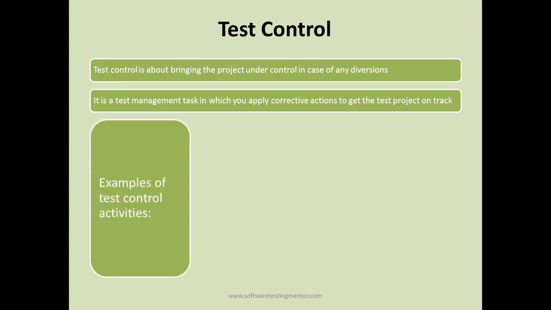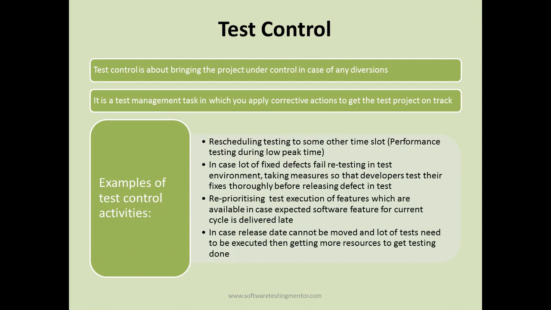Now, examples of test control activities. For example, there is an e-commerce website which, when initially launched, had a set of performance tests executed every night because there was no traffic or activity during the night for that e-commerce portal.